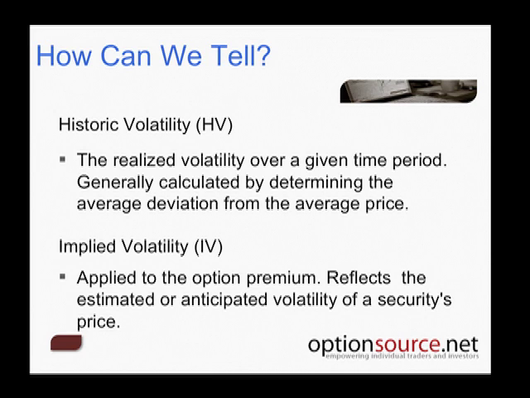So the higher the historic volatility, the higher the probability the underlying security is actually going to make it to beyond the strike price, and the more the options writer or the market maker has to factor that into the option premium. So the implied volatility factor, or the IV, is applied to the option premium and reflects the estimated or anticipated volatility of the security's price.